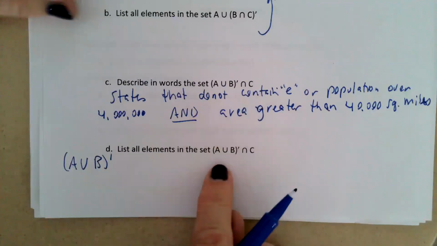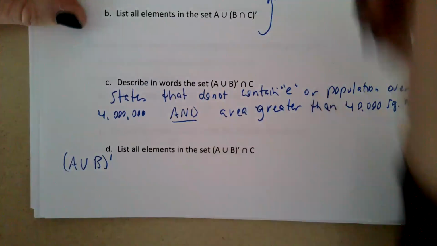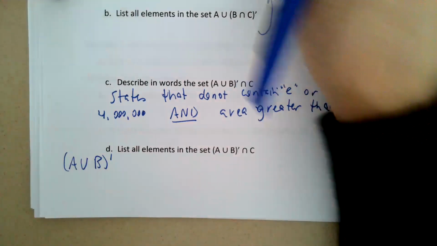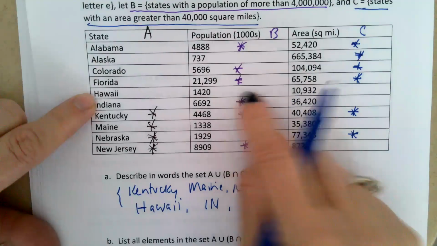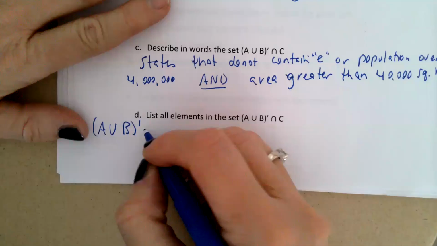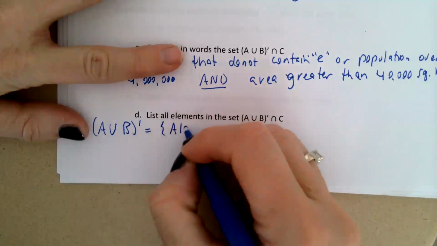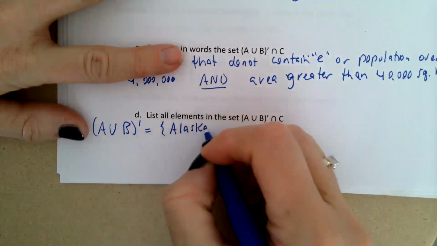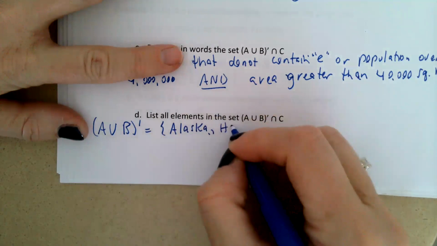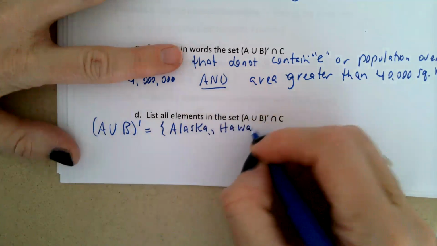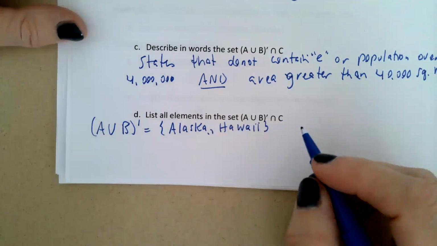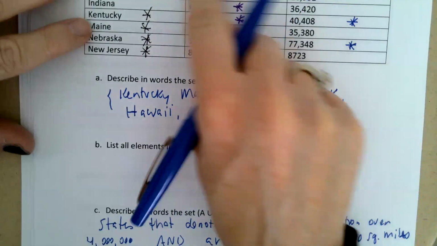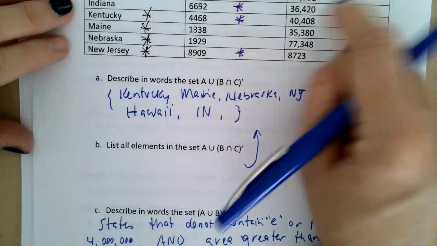So anything that's not in A or B. So that would be Alaska's not in A or B, and Hawaii is not in A or B. And then we have to intersect that with C. Alaska is in C, Hawaii is not.